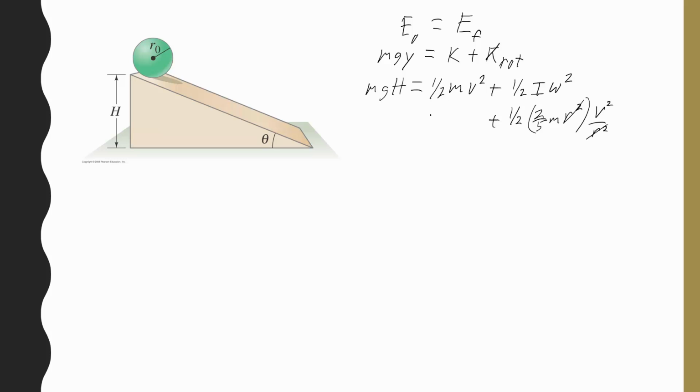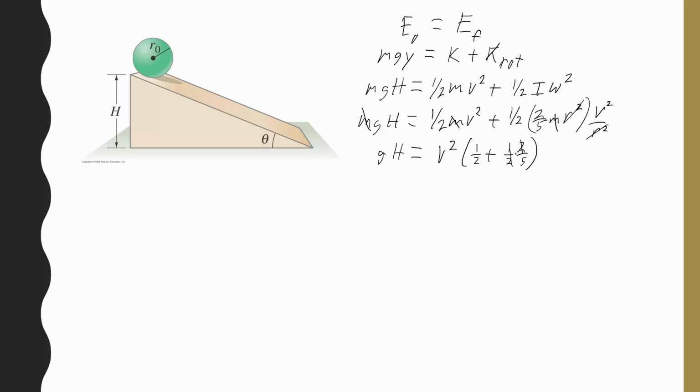So the r's go away. We still have these terms here, mgh. Masses can cancel out. And so what are we left with? Well, we've got a gh here. We've got 1/2 v squared and 1/2 times 2/5 v squared. So that's going to be v squared times 1/2 plus 1/2 times 2/5.